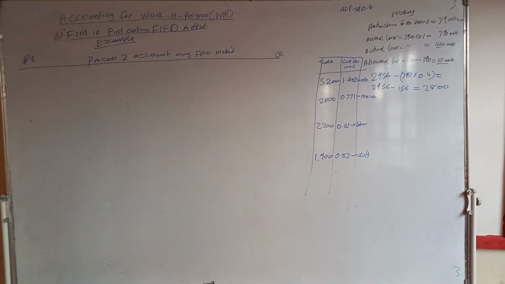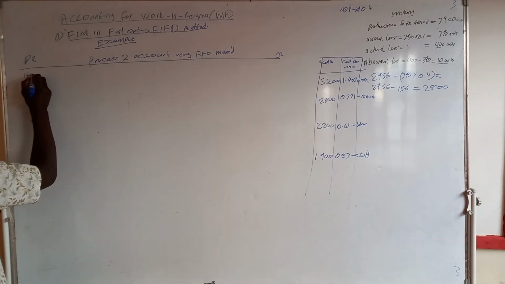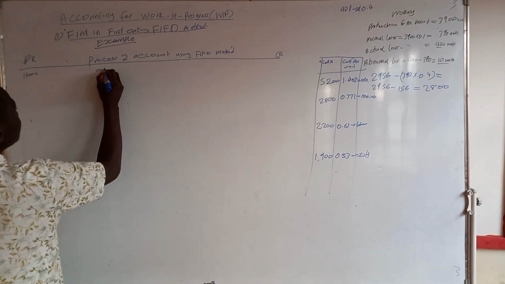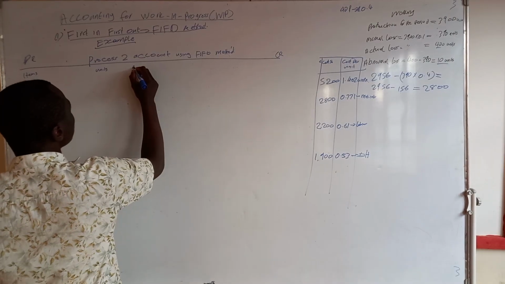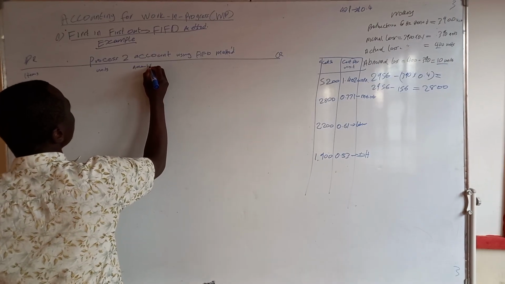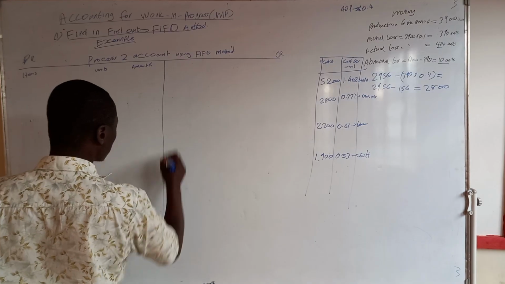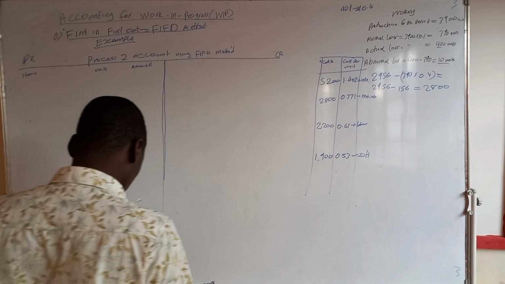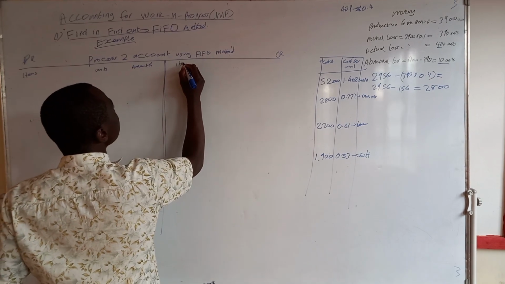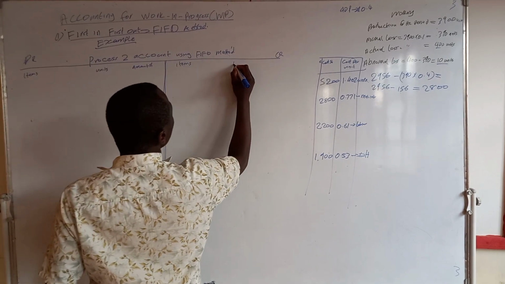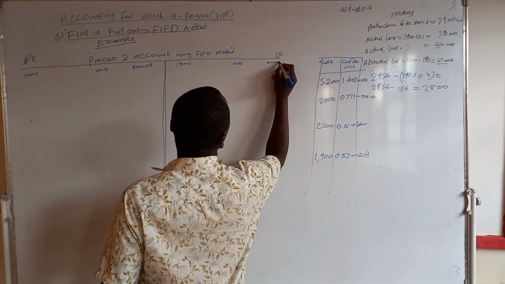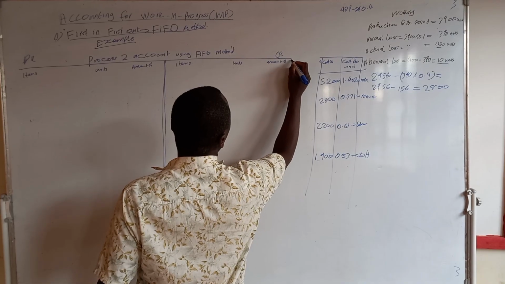We debit and we credit. Now, we have items, we have units, then we have amount in shillings. Then we have again items, we have units, then we have amount.